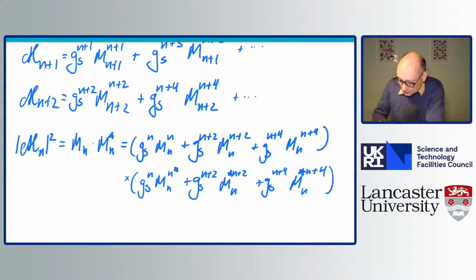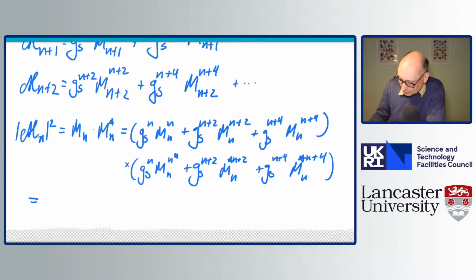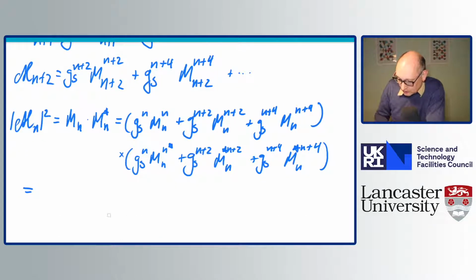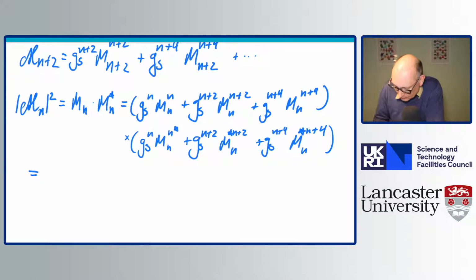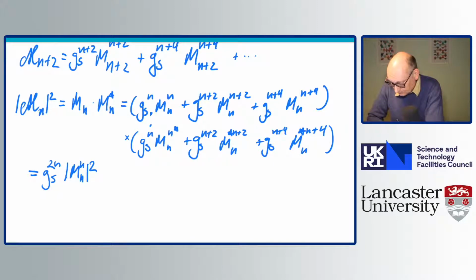Good. So arranging this as a perturbative expansion, writing first the coefficient for g_s^(2n), which is our lowest coefficient, that term will be |M_n^n| squared.